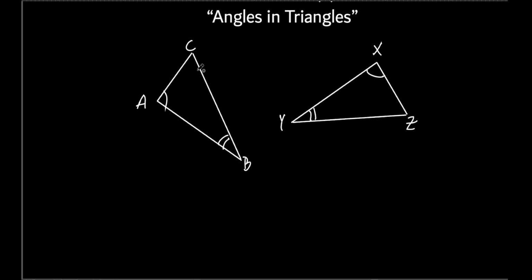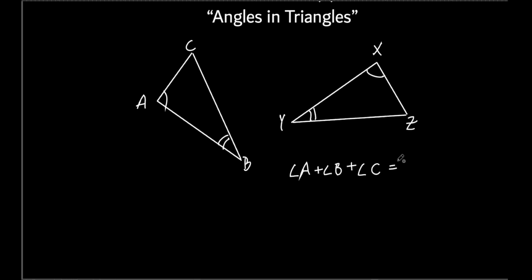So guess what might be true about angle A plus angle B plus angle C? No. That's only if it's equiangular, they'd be 60 degrees. But what could I say about angles A plus B plus C compared to X plus Y plus Z? They would be equal to each other as well, right? Would you agree?